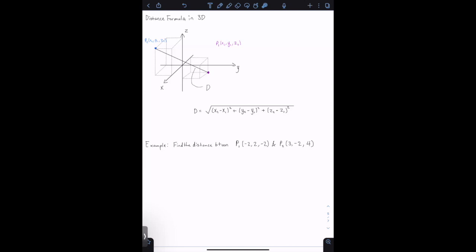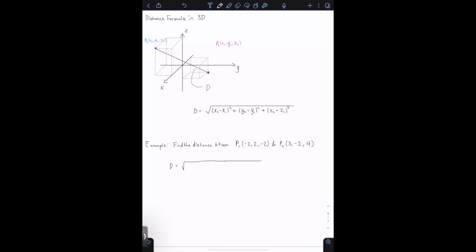So let's illustrate this with an example. Let's find the distance between point P1, which has coordinates -2, 2, -2, and point P2 with x coordinate 3, y coordinate -2, z coordinate 4. Use the formula to find the distance. All we have to do is plug in the numbers into the formula.